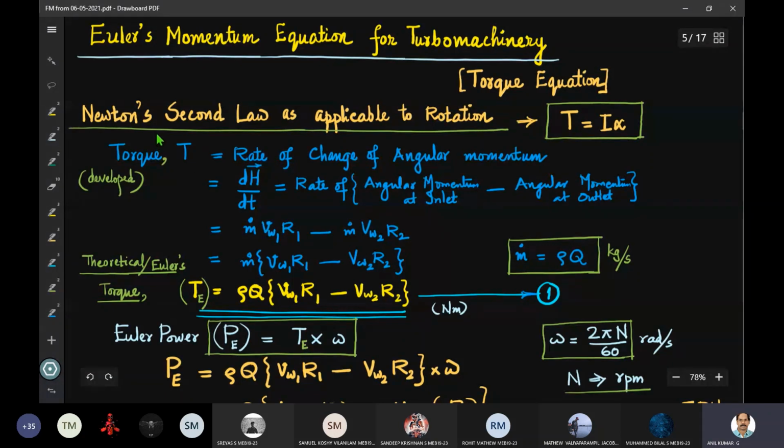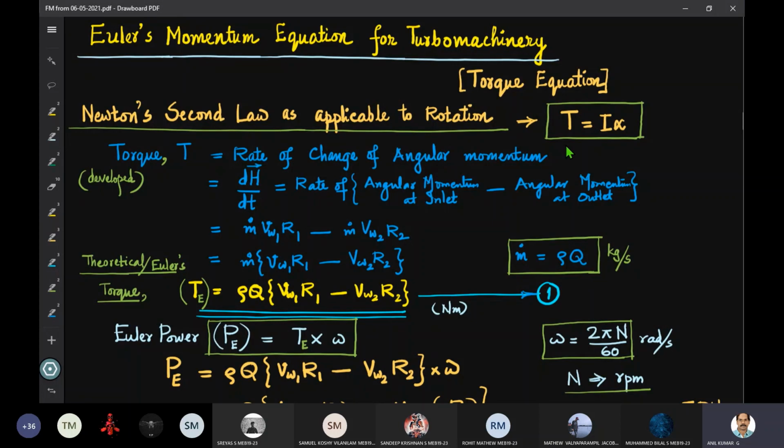Now consider Newton's second law of motion as applicable to rotation. That law states that the torque exerted is directly proportional to the rate of change of angular momentum. When Newton's law is applied to linear motion or translation, the force exerted is proportional to the rate of change of linear momentum.